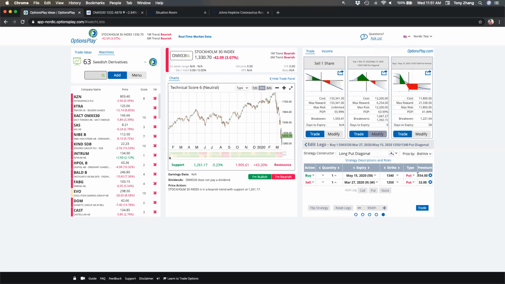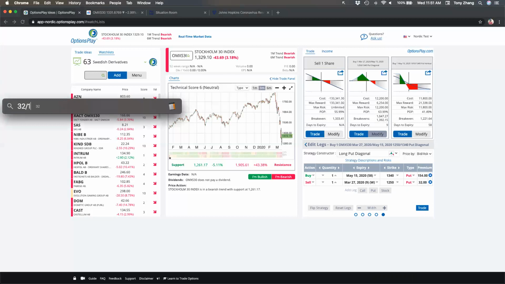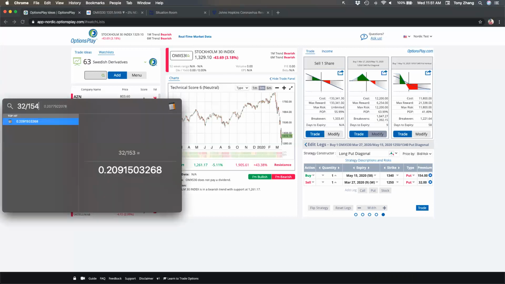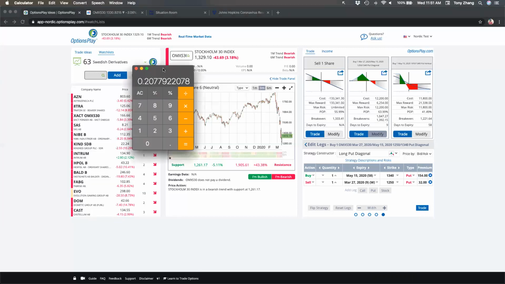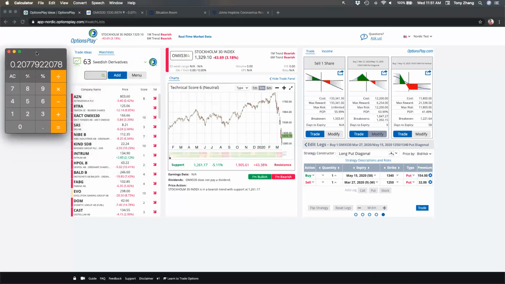So what I'm doing here is I'm paying 154 crowns for a 1340 put option that gives me all the way out to May, but I can sell an option that expires in just 9 days at the 1250 level for 32 crowns. So I'm reducing the cost of my trade by 20% by selling a 1 week option against my 1340 put option.